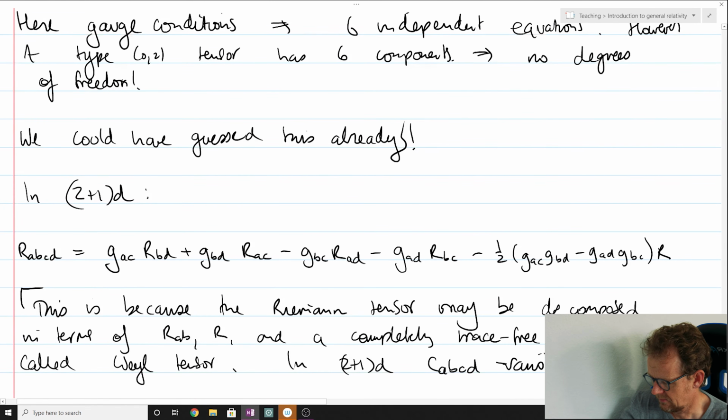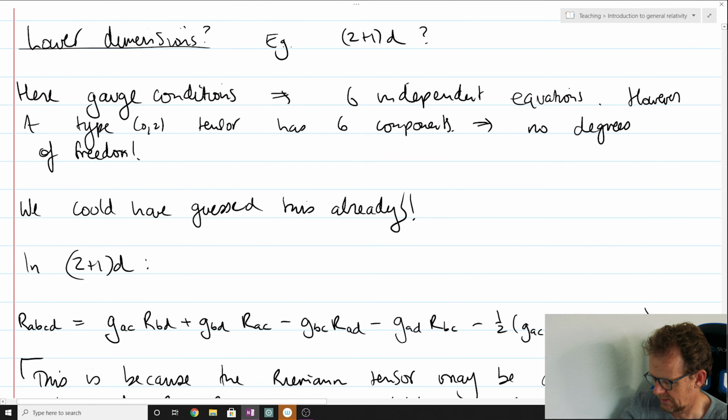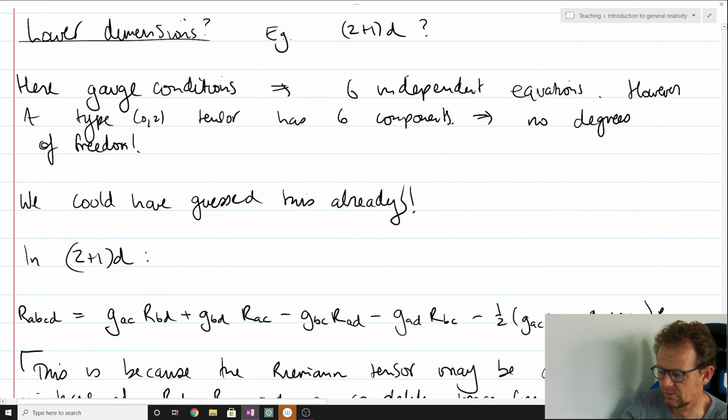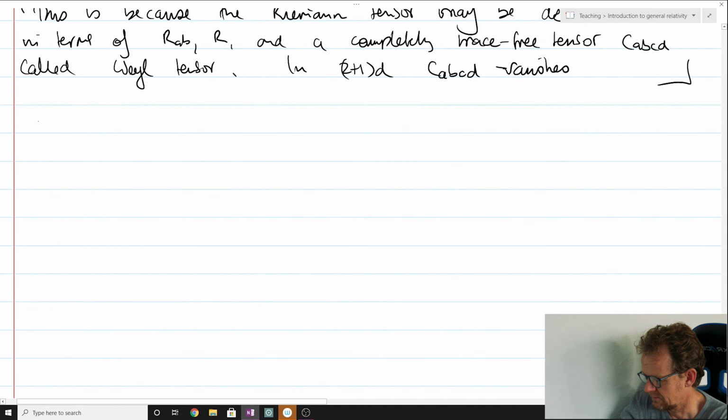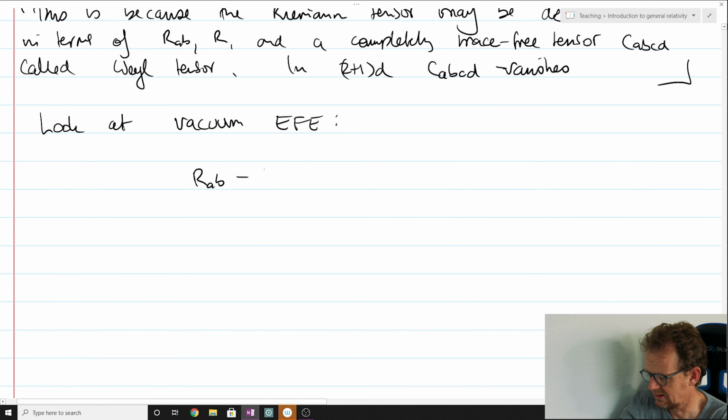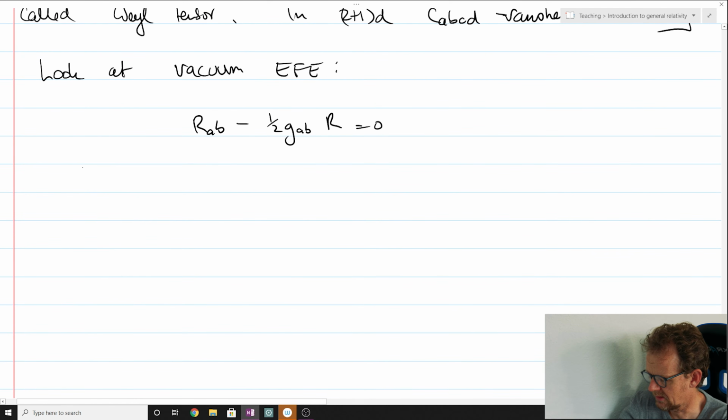Now why is it that we could have guessed that there are no gravitational waves in 2 + 1 dimensions? Well, take a look at the vacuum Einstein field equations. They read R_ab minus a half g_ab times the Ricci scalar is 0. If you contract that, you quickly conclude that R is 0 and R_ab is 0.